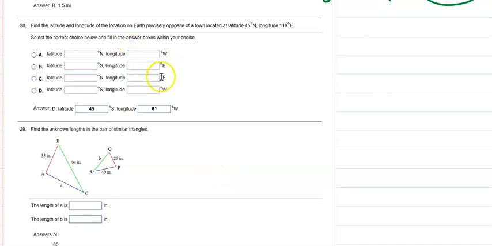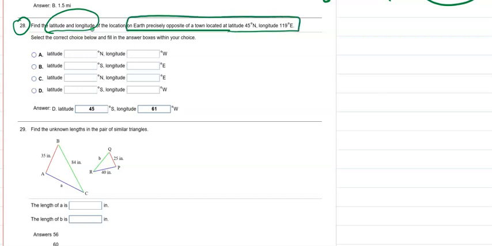Okay, question number 28. Find the latitude and longitude of the location on the earth precisely opposite of the town located at latitude 45 north and longitude 119 east. So you have a town here, located at 45 north and 119 east.